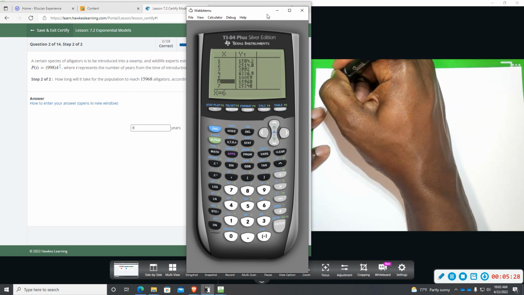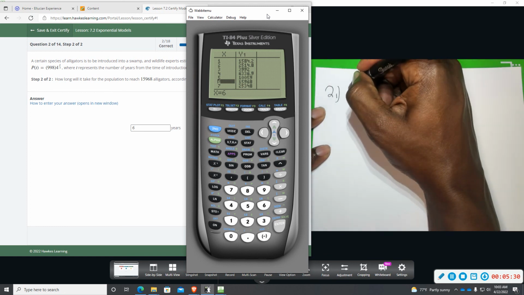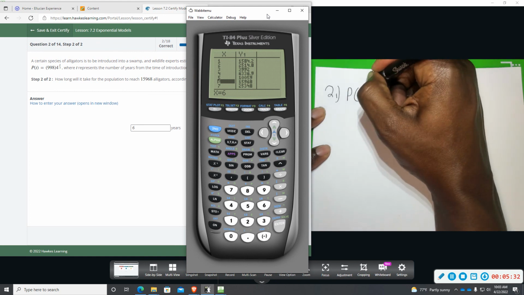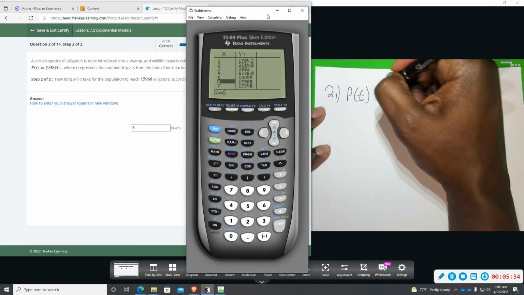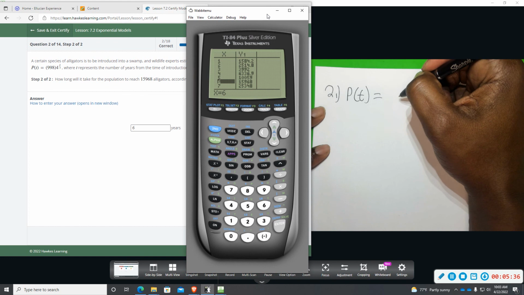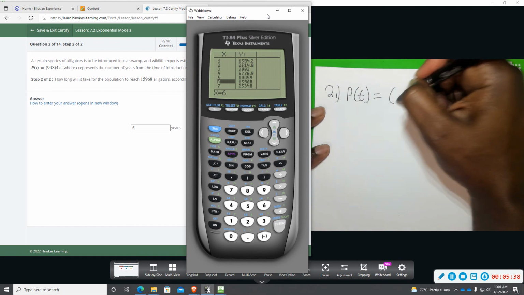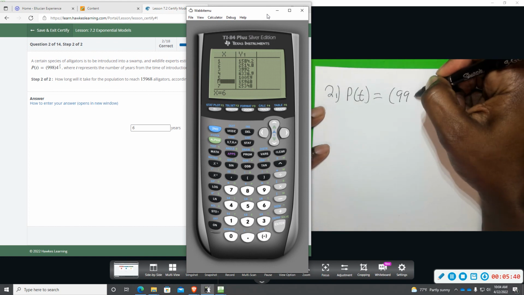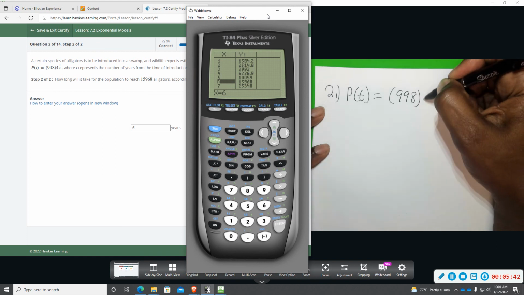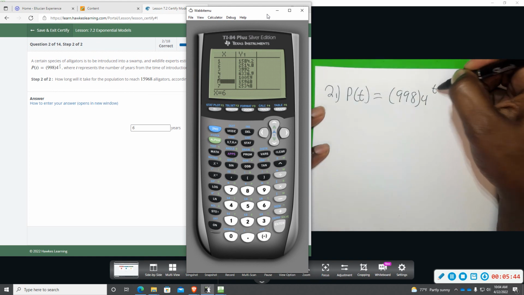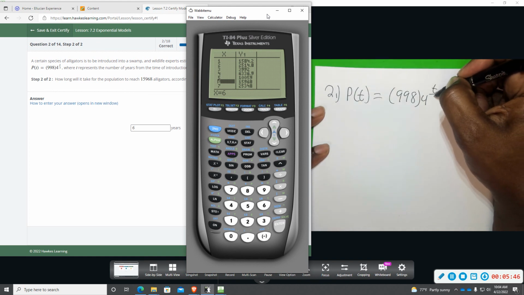First I would write down the formula. This represents the number of alligators at any given time, knowing the number of years that have passed. We got 998, and then there's 4, and then t over 3.